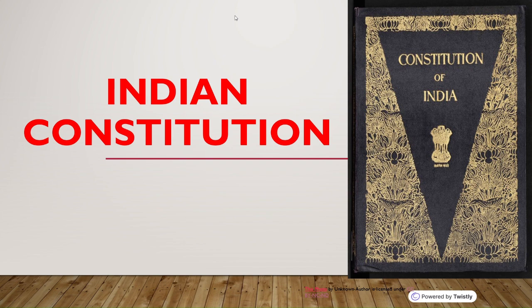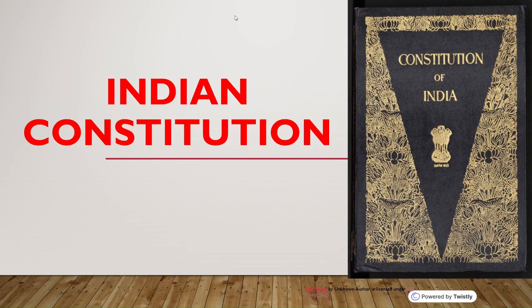The Constituent Assembly originally consisted of 389 seats. First, the Constituent Assembly was set up in November 1946.